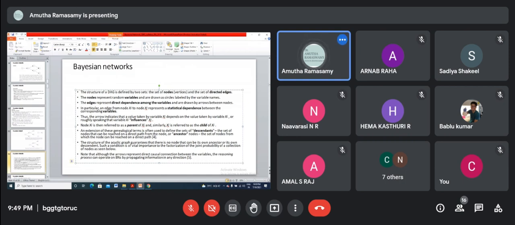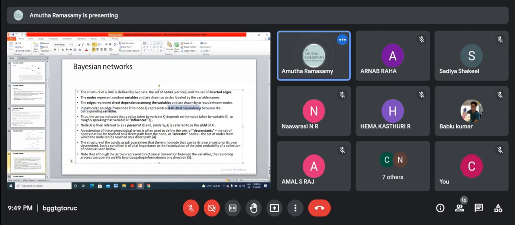In particular, an edge from a node xi to a node xj represents a statistical dependence between the corresponding variables. Why is it a statistical dependence? Because the occurrence of xj depends upon xi. The probability of being in the xi state is what gives the output of xj.